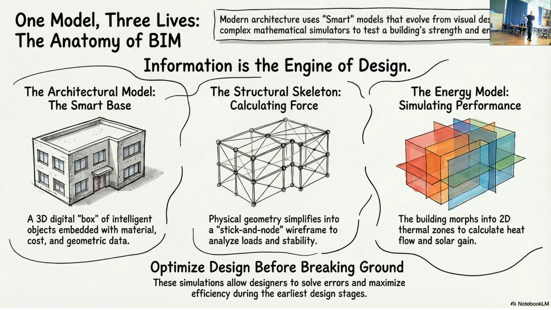So this is for the energy model. You create building zones. Some spaces are for living, some spaces are just corridors, some spaces are not heated. So you define these. And this is the analytical model for the energy. For the structure, as I mentioned, this is the stick and node wireframe. And this is a model, smart baseline, okay?